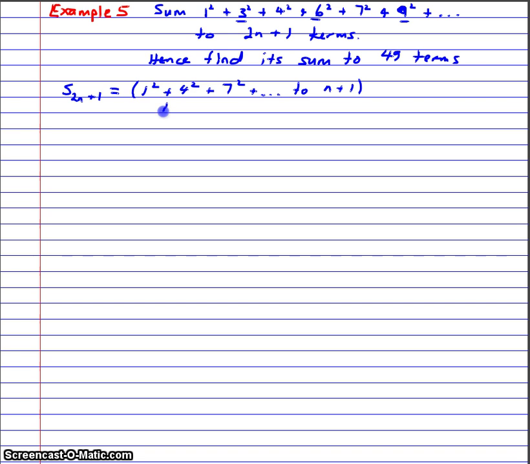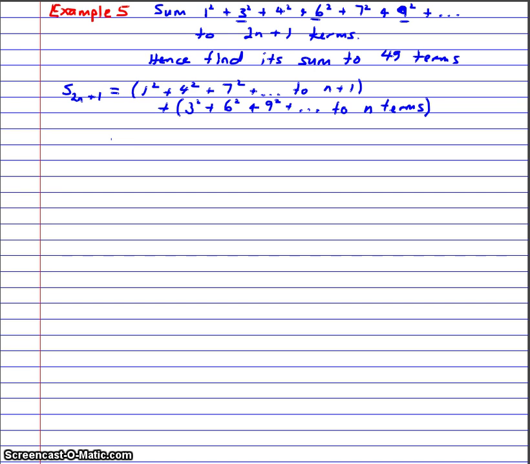Okay, and then plus 3 squared plus 6 squared plus 9 squared, and that continues on to n terms. So the same deal in this. We need to have our n plus 1 and n adding to the total in the question, which is 2n plus 1.